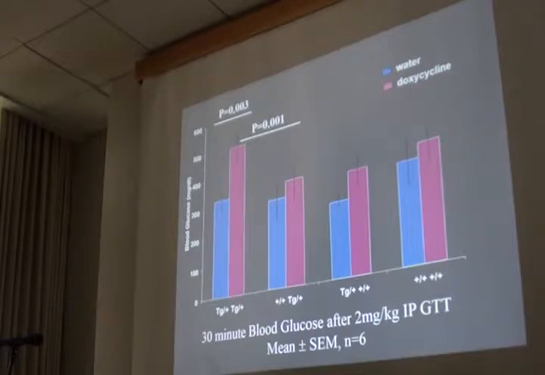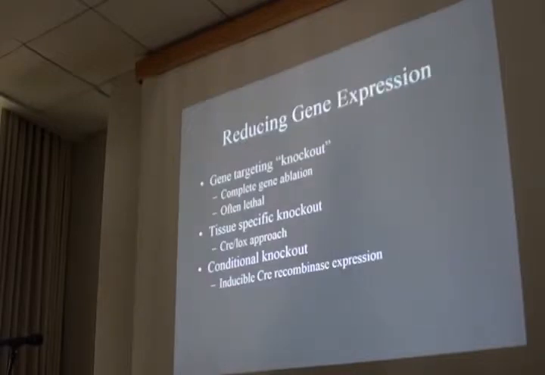So that was an example of an inducible tissue-specific promoter. So that's about it for the overexpression part. So any questions or anything?